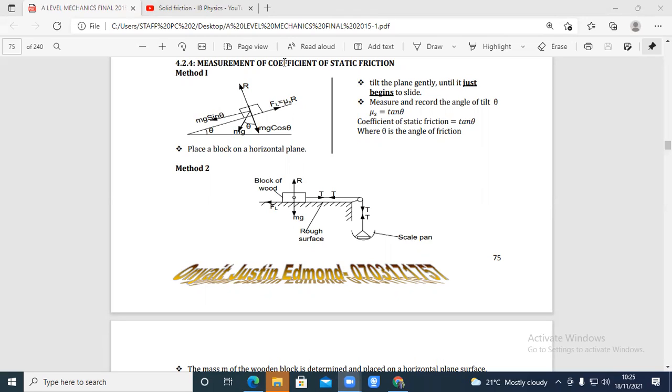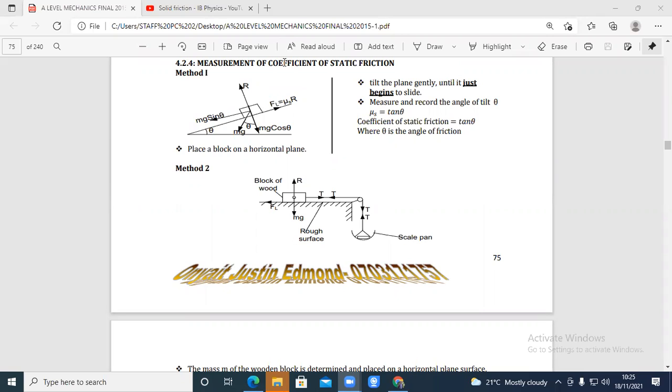What does the first law of solid friction state? Frictional force opposes relative motion between two surfaces in contact.